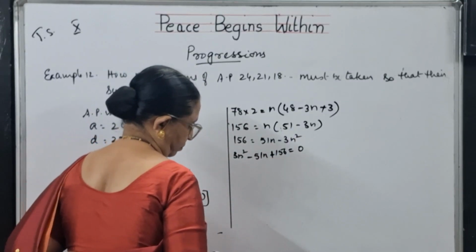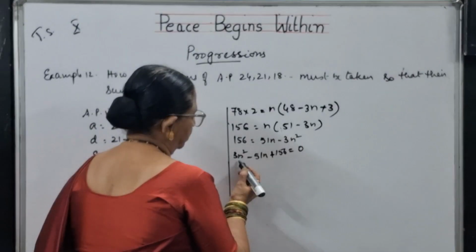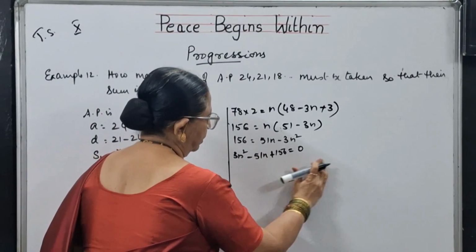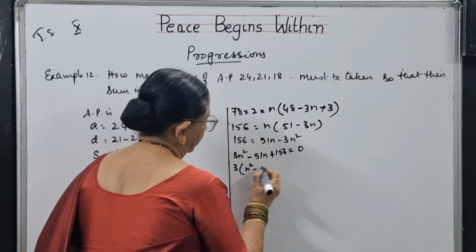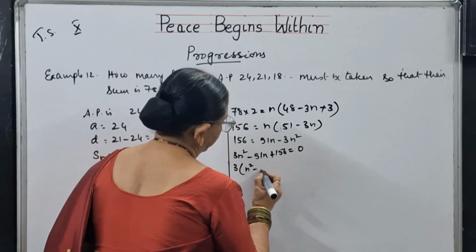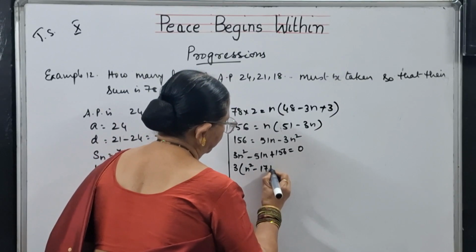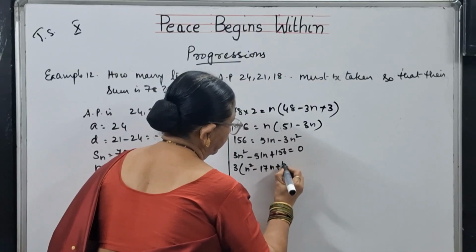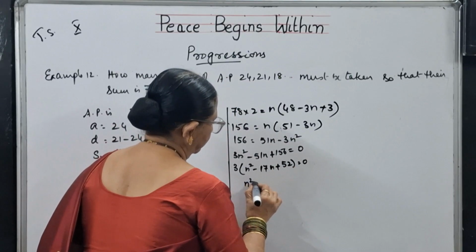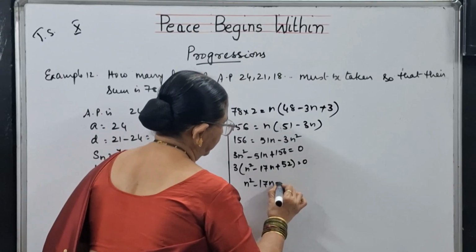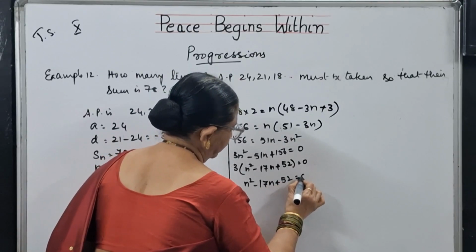So each term is divisible by 3. So let me take 3 as common. 3 into n square minus 17n plus 52 is equal to 0. So n square minus 17n plus 52 is equal to 0.